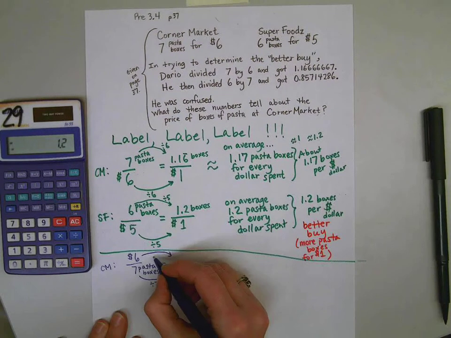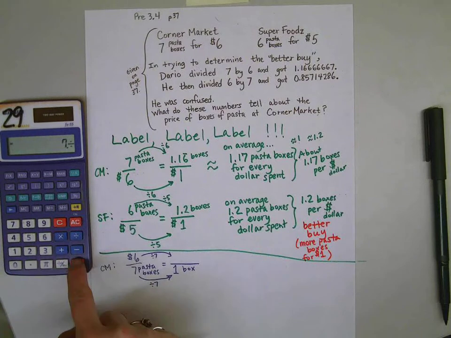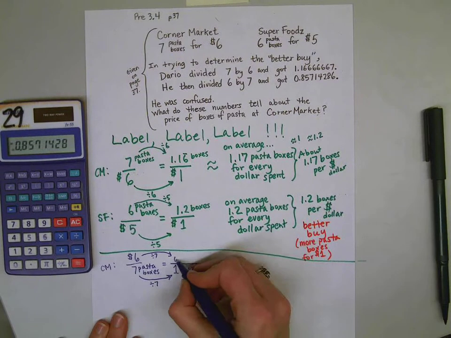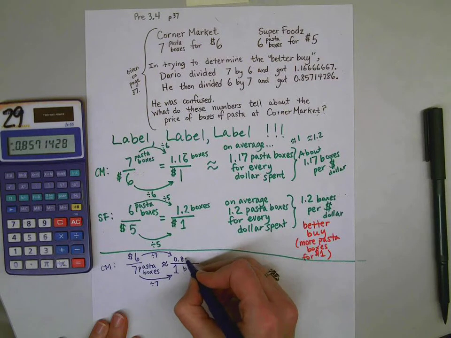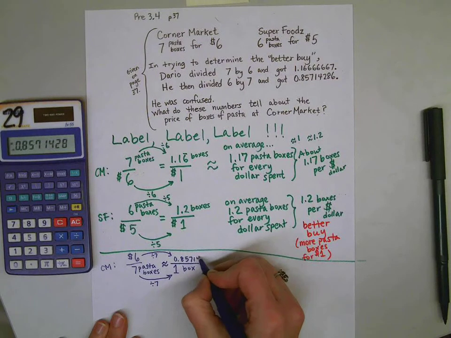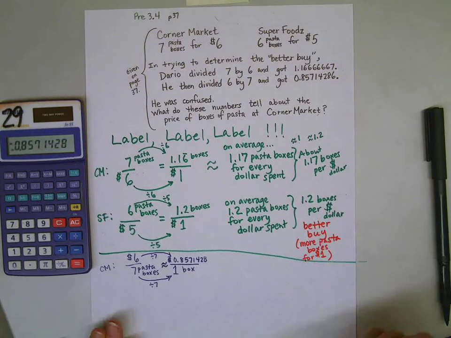So if we divide the 6 by 7 also, that was the other equation that Dario did. Okay, I'm now indicating this is approximately, and I'm just going to write the whole number in that calculator and label it as the dollars.